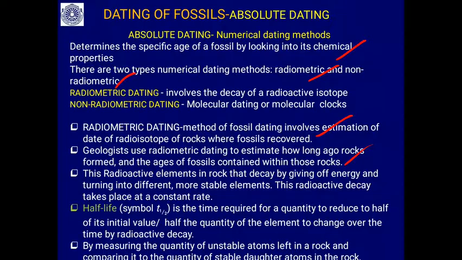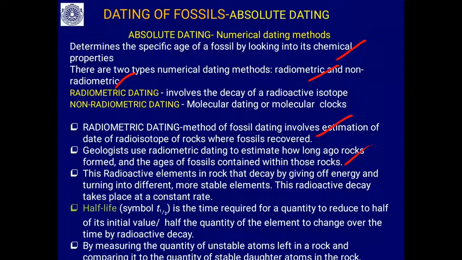The radioactive elements in the rock decay by giving off energy and turning into a different, more stable element. Uranium undergoes radioactive decay and gives rise to the more stable form, lead. Radioactive decay takes place at a constant rate.